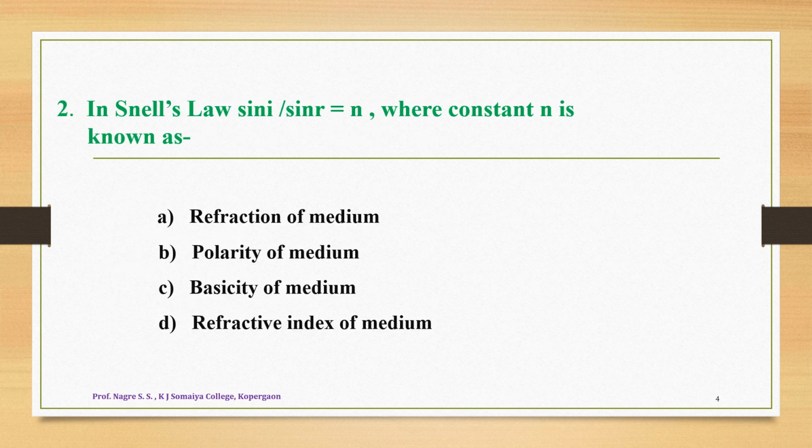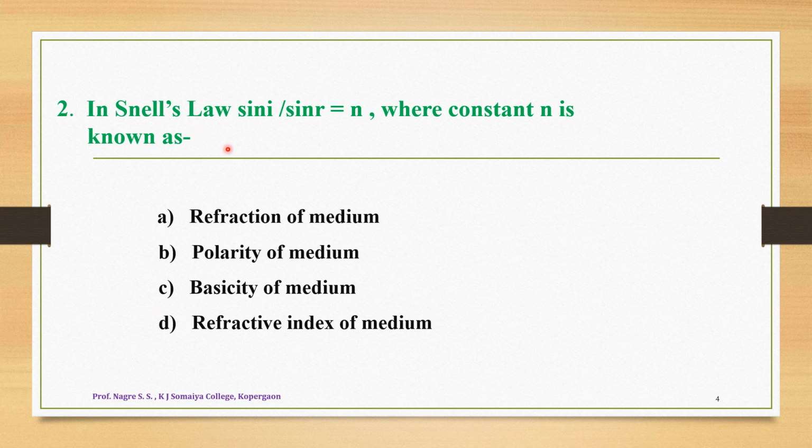The question number second is there. In Snell's law, sin i upon sin r is equal to n, where constant n is known as, and the options are refraction of medium, polarity of medium, basicity of medium and refractive index of the medium.